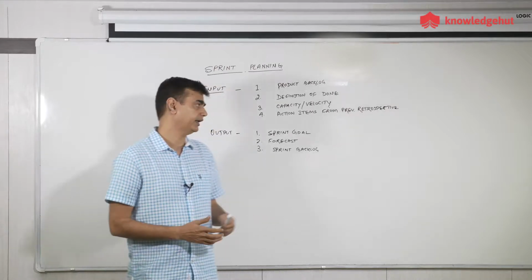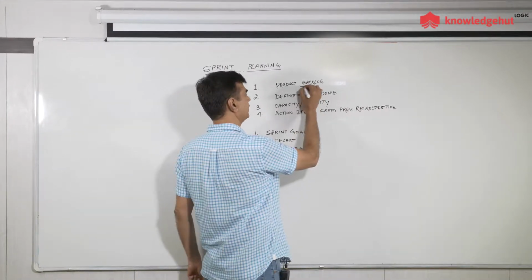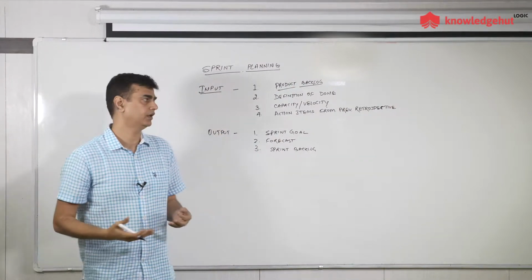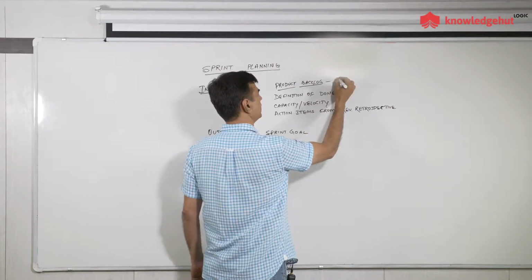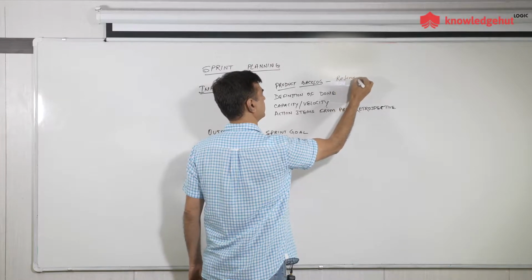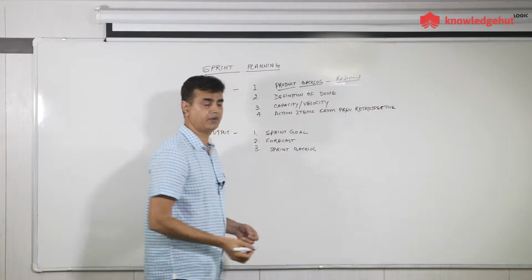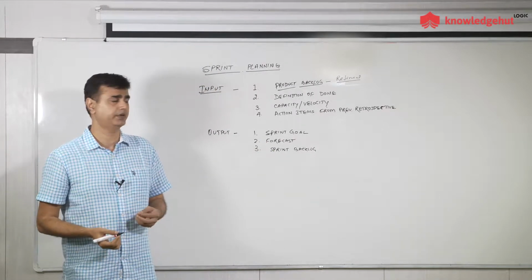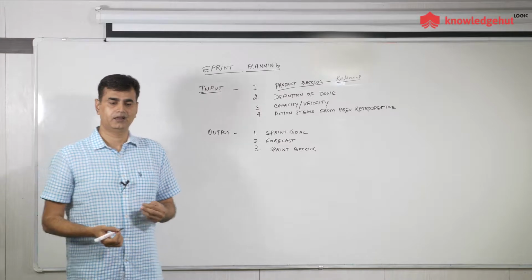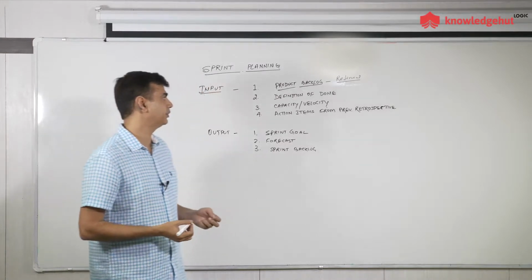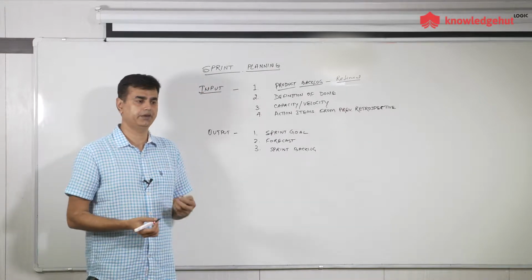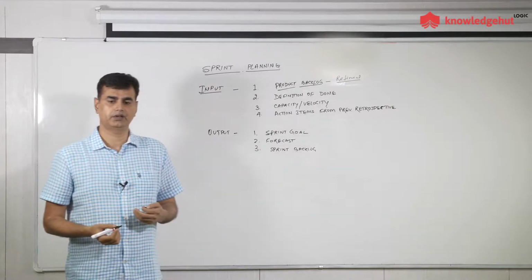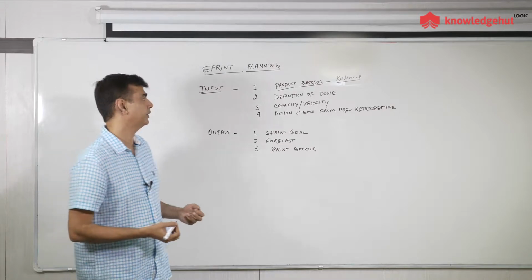First thing, we need the product backlog. That looks okay, but in which form? The product backlog must be refined. Or you can say it's good to have a refined product backlog, because even though you are allowed to do refinement in sprint planning as per the Scrum Guide, it's good to have it refined to ensure a better and more effective sprint planning.